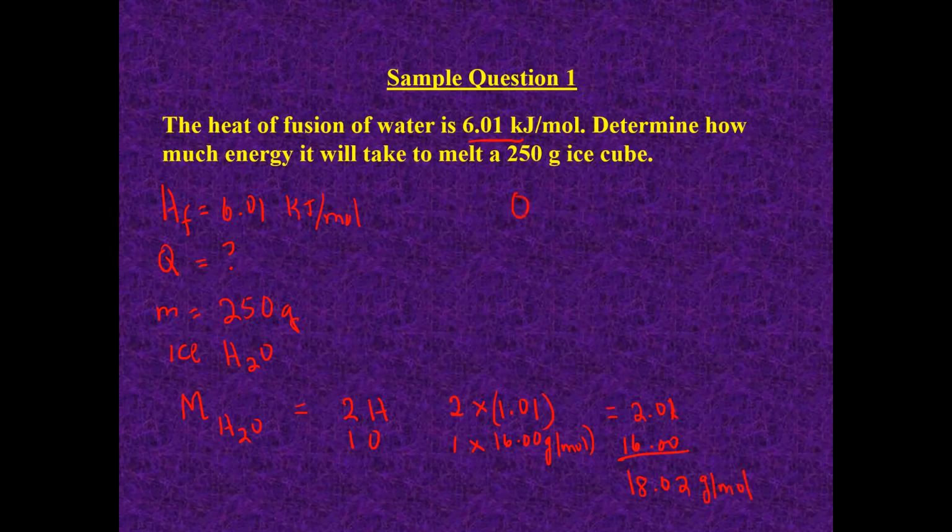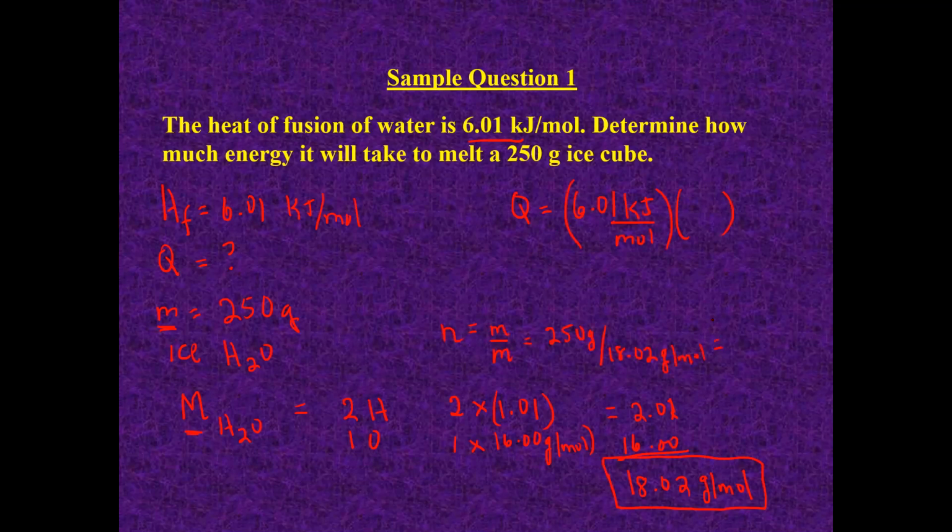Okay, so Q is equal to 6.01 kilojoules per mole. And now we've got to calculate the number of moles. Well, if we go back to our calculations, I've got M and molar mass. So using these two, I can calculate the number of moles: mass over molar mass is 250 grams divided by 18.02 grams per mole.